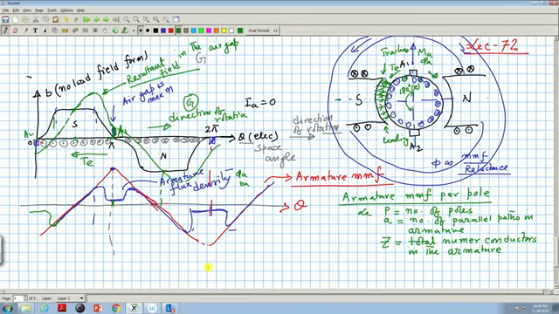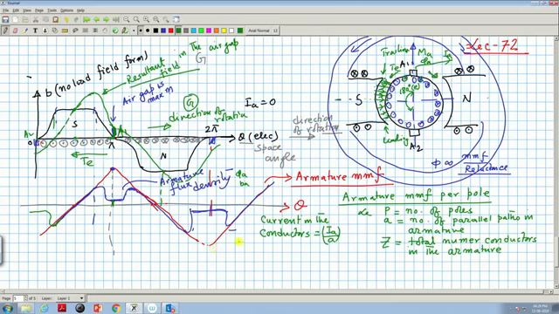So, the thing is, what is the current flowing through each conductor? External current in the armature is I A, but in the conductors how much current? Current in the conductors is equal to I A by A, parallel paths will be there. Then I have to calculate what is the number of turns here.